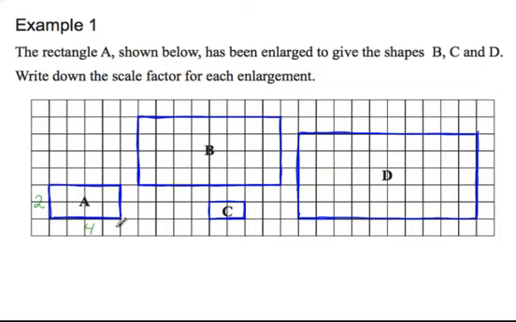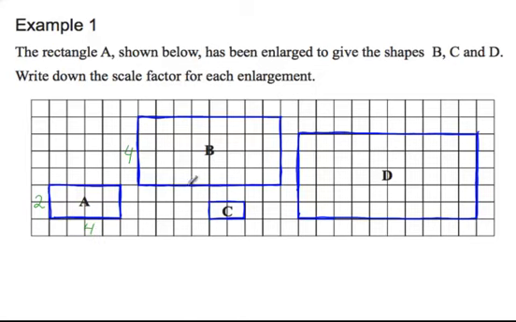And so we want to figure out the enlargement to get to these other shapes. So first of all, to get to B, well, this length is 2, so we've checked B, 1, 2, 3, 4. The similar length in B would be 4. So 4 divided by 2 is 2. So we double 2 to get 4. If this being a similar triangle, we double 4, we should get 8.